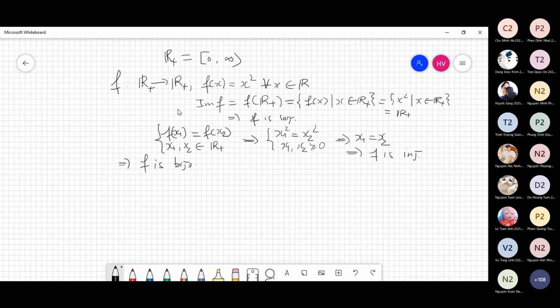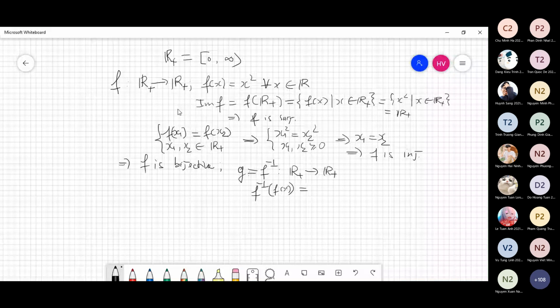And with this property, now we can find the inverse. So g, the inverse of f, is f to the minus 1 going from R plus to R plus, with the property that f to the minus 1 of f(x) equals x for all x in R plus, because here you have the domain and range as the same R plus.